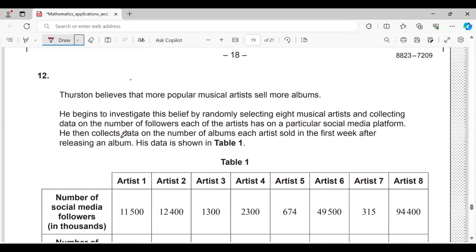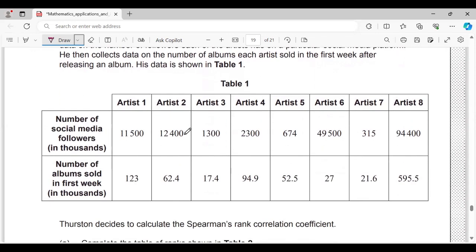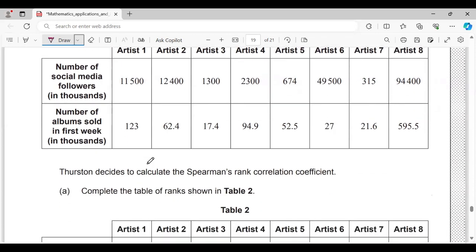He then collects data on the number of albums each artist sold in the first week after releasing an album. His data is shown in table 1. I will not read it out.